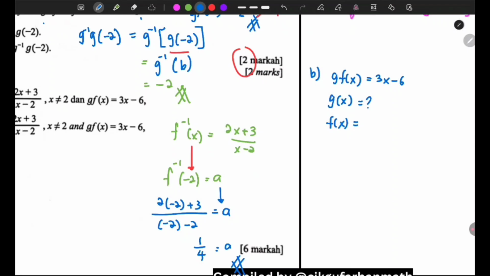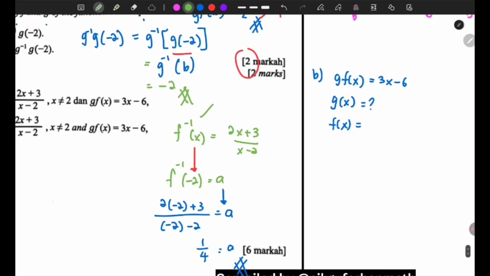The answer is no. But I have my inverse x. Can I find my f(x) from the inverse x? The answer is yes. How? You just let y lah. Same thing like when you want to find the inverse x, you let y equal f(x), isn't it? Same thing if you want to find the f(x), you let y equal the inverse x. The method is the same.